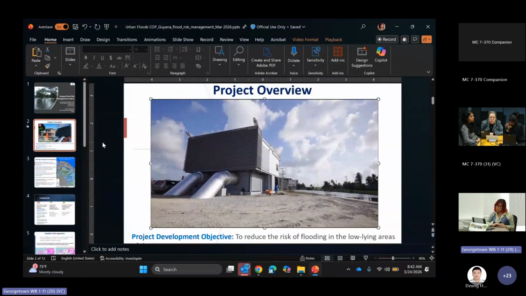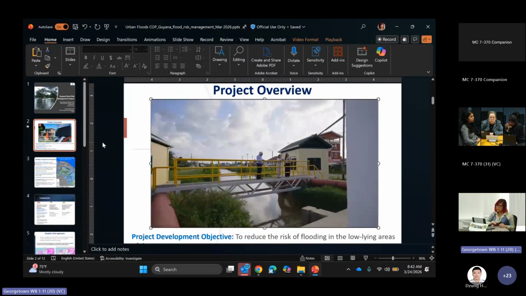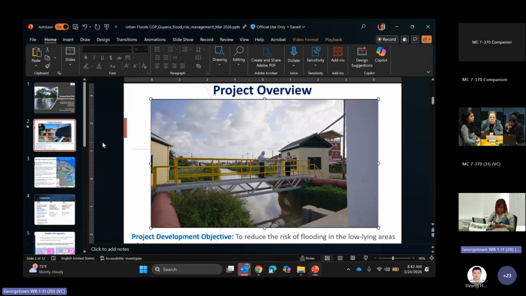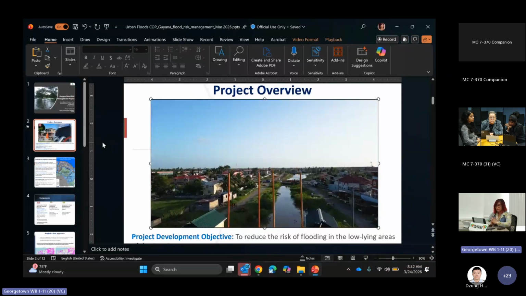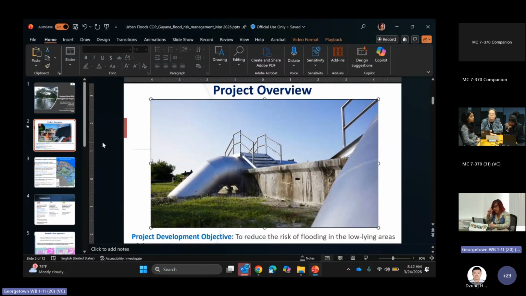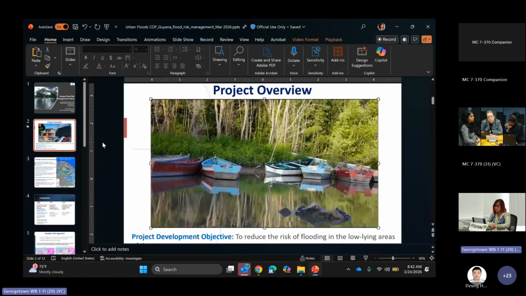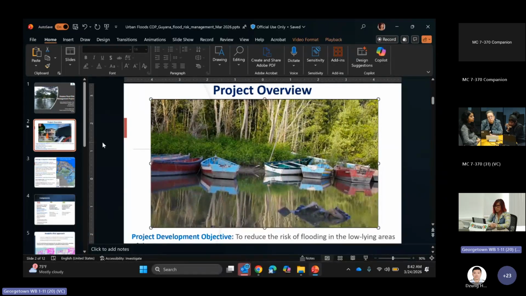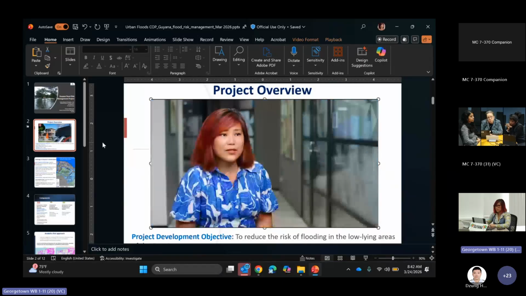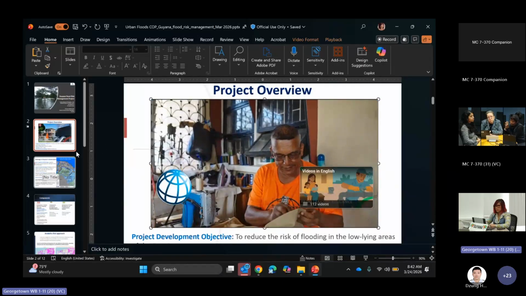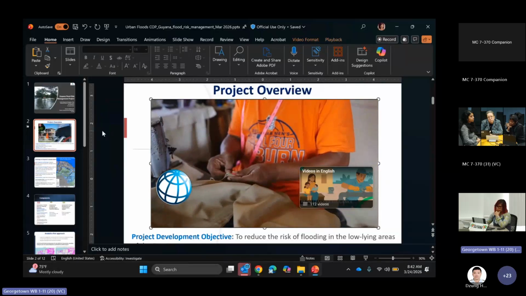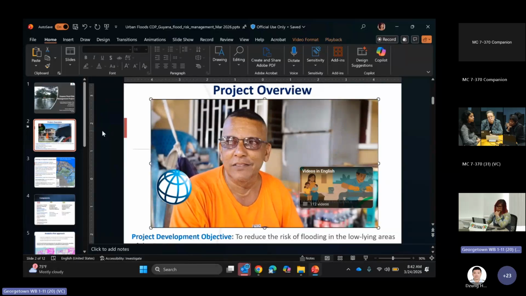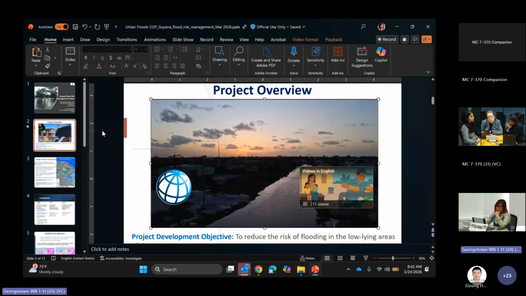So these are investments that represent the beginning of reducing the impacts of flooding, whether it be reducing the amount of time that highly populated areas of the city are flooded, and also reducing the impact of flooding in terms of damage to infrastructure, to assets, to businesses, and to social services. I really want to thank the government with the World Bank for doing such a gesture, because it would be making the whole of Georgetown safer.